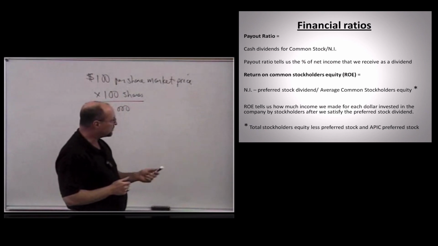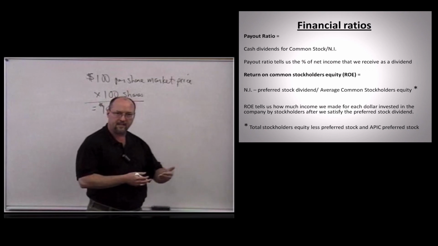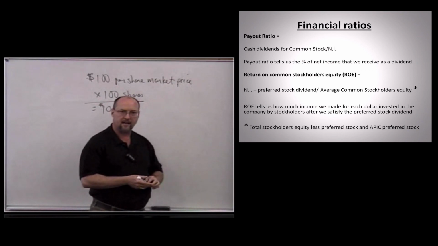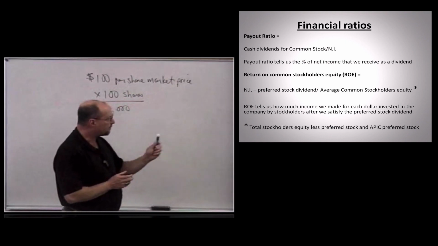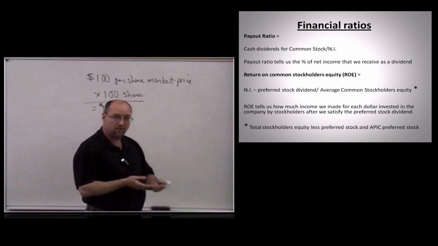And that tells us, for each dollar of investment in equity, how much of a return do we get? How much profit do we make for each dollar of common stockholders' equity? Investors like to look at return on equity to see how the business is doing, how their investment is doing.